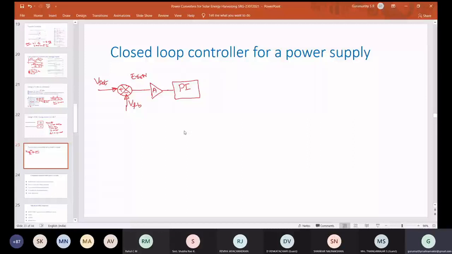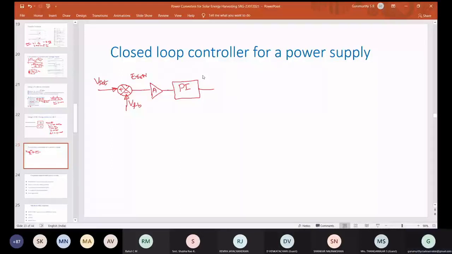Now you see in our boost converter, what is the input for the boost converter? It is just pulses. Pulses we are going to give, and we are getting the output voltage. Here what you get is the control voltage, that is VC. It is an analog voltage. But what the boost converter needs is a pulse.